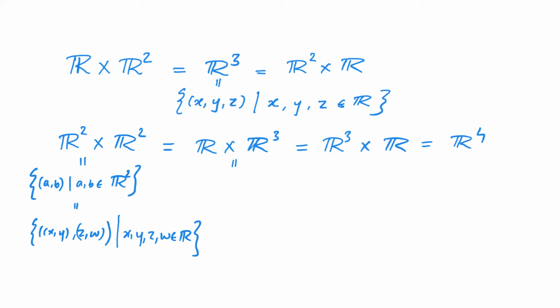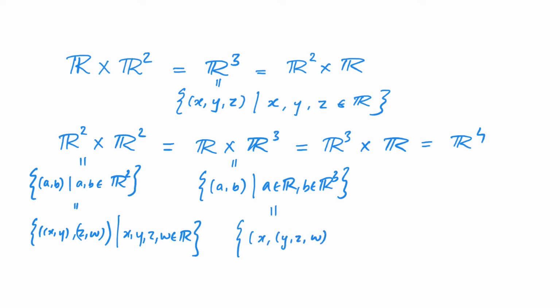Similarly, R cross R3 contains pairs (A, B), where A belongs to R and B belongs to R3. Therefore, this can be rewritten as the set that contains (x, (y, z, w)). Once again, all numbers x, y, z and w are real numbers, and I'm not going to write this.